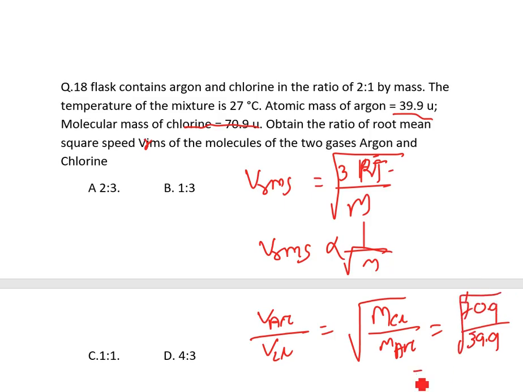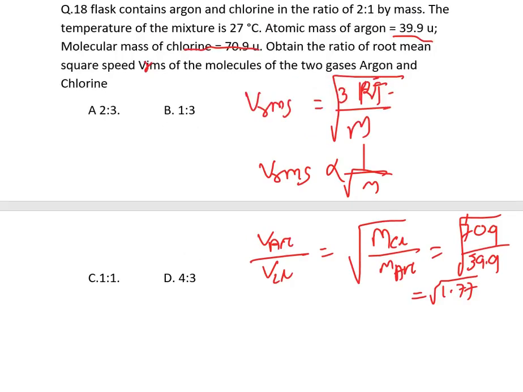If you calculate this, you get around root of 1.77, whose value is nearly equal to 1.33. From the options, 4 by 3 is 1.33, so option D is the correct answer. Question number 18, option D.